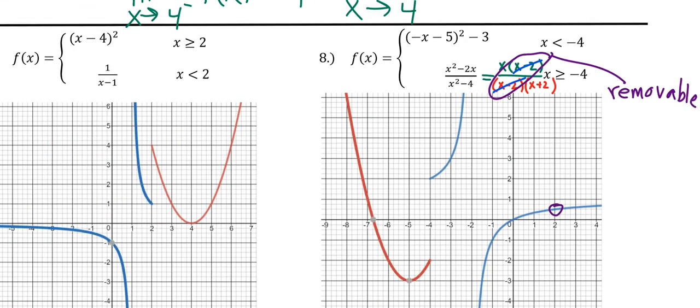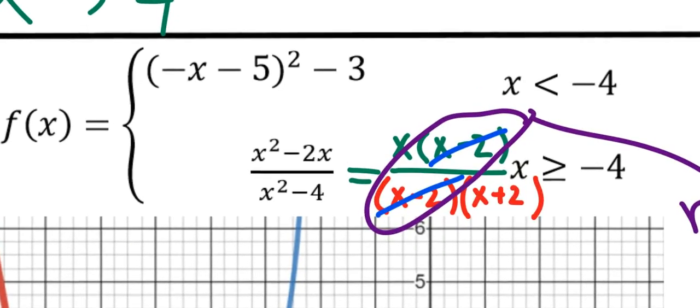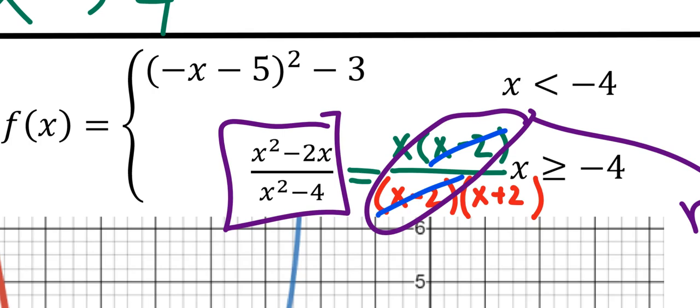So the question was asked of me second period, how am I going to know if there's a removable? The algebra is the only way you're going to be able to do that, and I would be looking for something that was factorable. It's going to be a fraction, right? You're going to have something to factor over the top of something else.